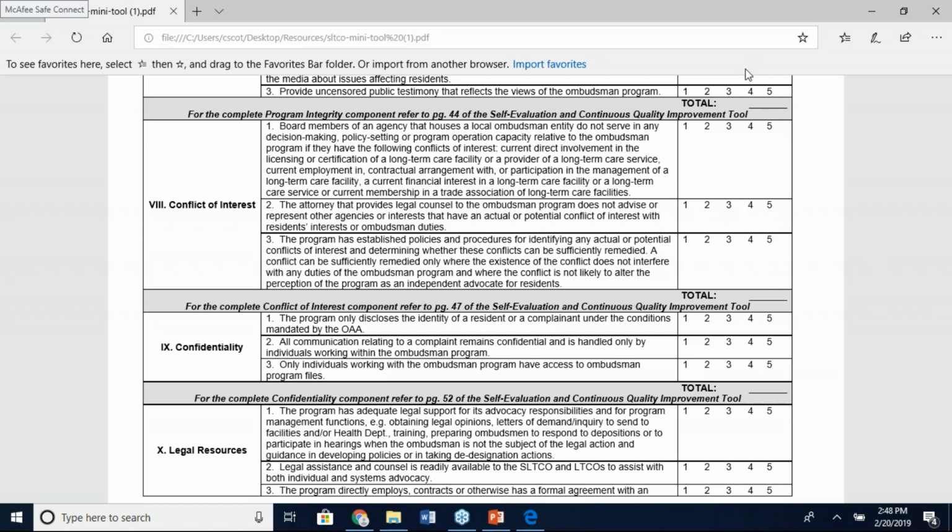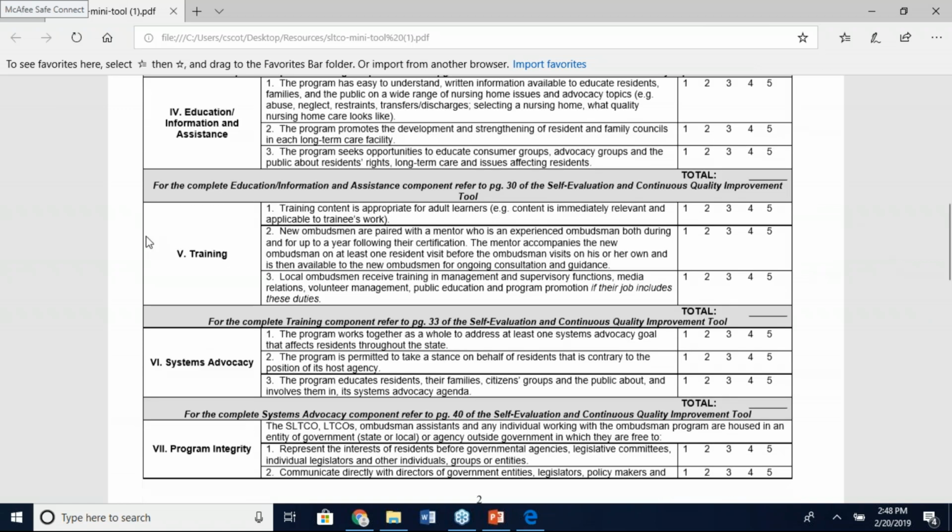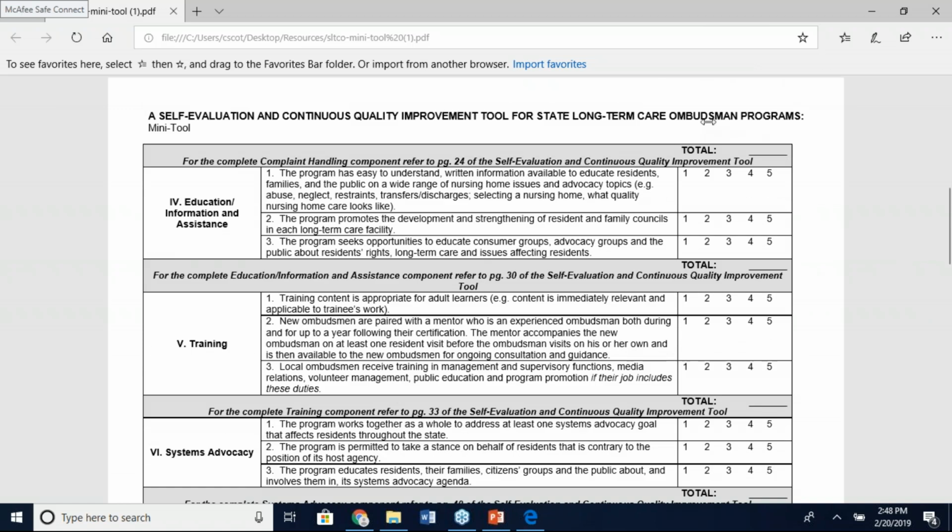So the other thing I wanted to mention is that it's important to take a look at single items. If you could scroll to page 2, Katie. Thank you very much. Looking at individual questions in here sometimes will show you something that's a problem.